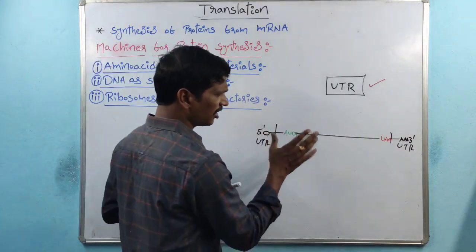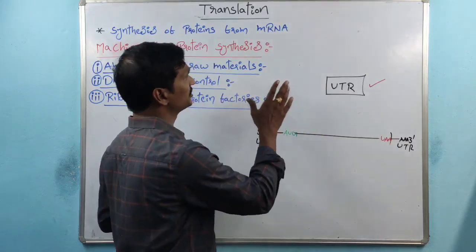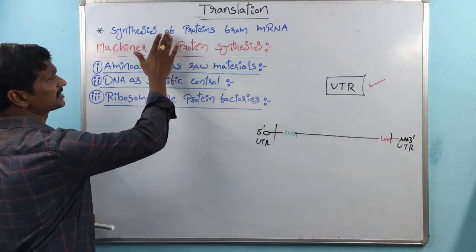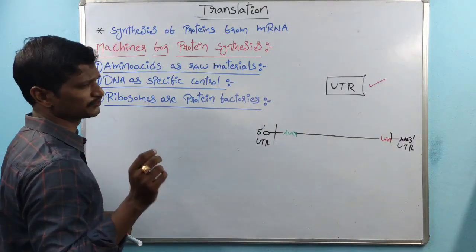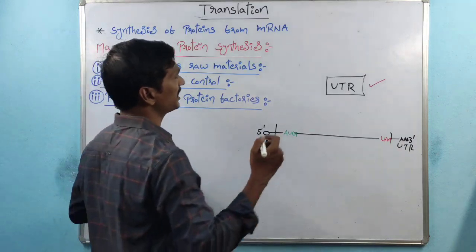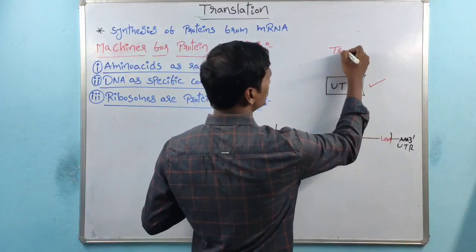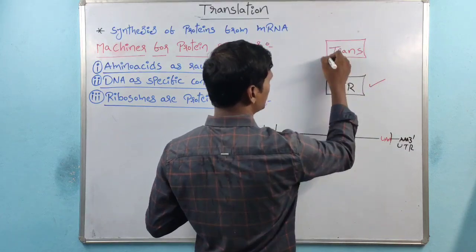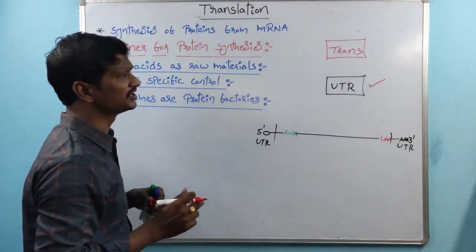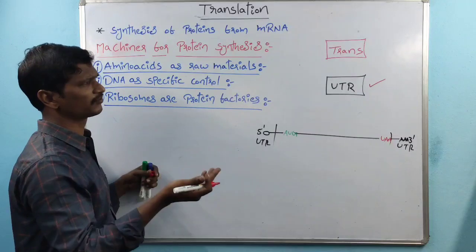Translation means protein synthesis. We know translation is nothing but the synthesis of proteins from mRNA. Trans indicates changing the information: the information is changing from one form to another form.